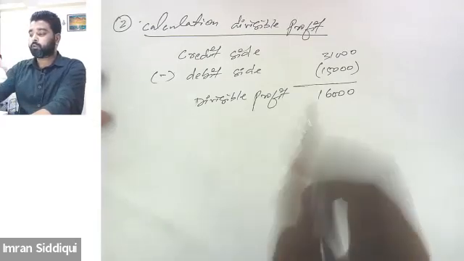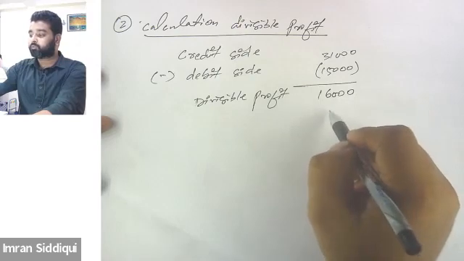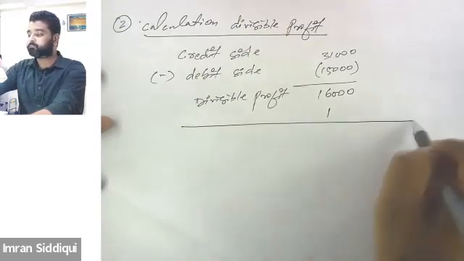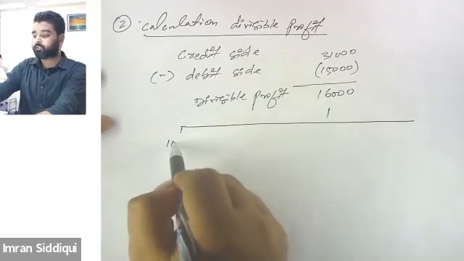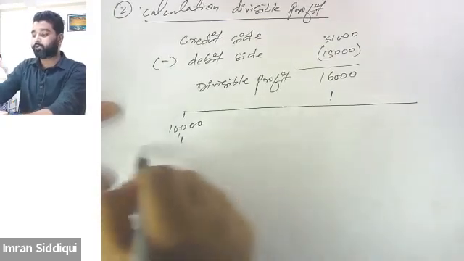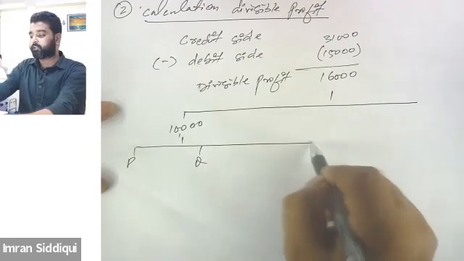Now pay attention and try to understand. The question is saying that the first 10,000 of the divisible profit will be distributed among P, Q, and R in the given ratio.